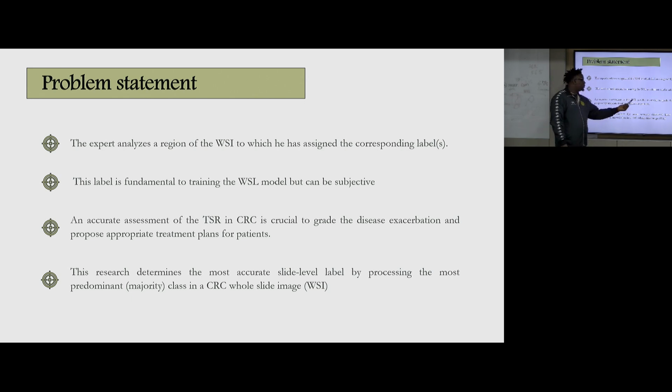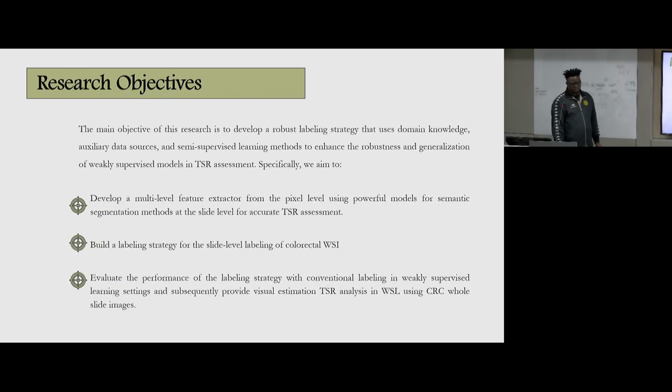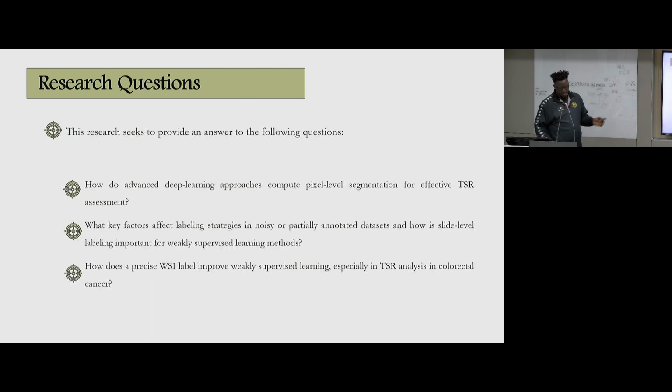So if I succeed in doing this in a good way, it will give me some clinical indication for that patient first, and secondly, I can use it for annotation and do some other things. So the main objective is to show that if I have the best corresponding slide label, it can result in a good result after training, for example.